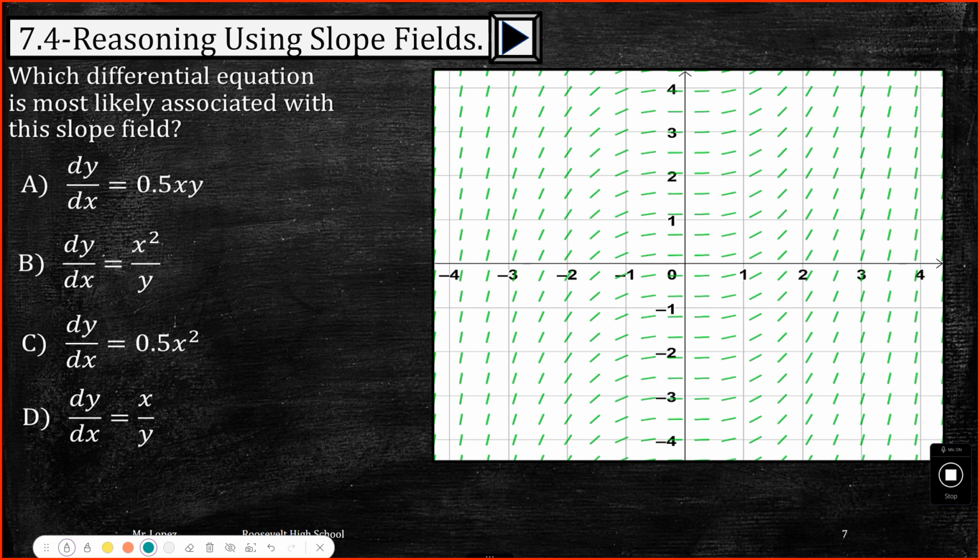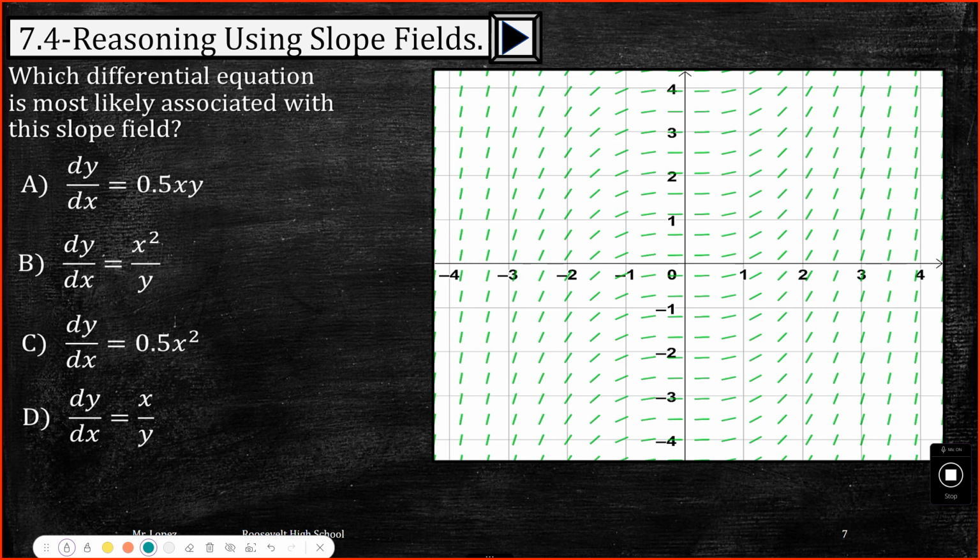Get it straight. My bad. Is it the same along the Y? If it's the same along the Y, there is no Y. Is that the way we're going to remember it?